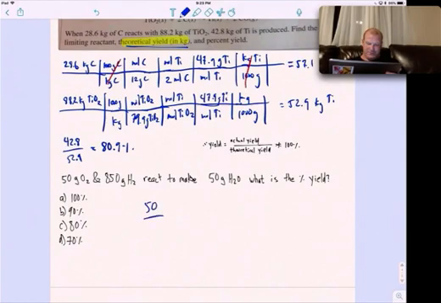So 50 over 56.25, and that's going to be probably 90%. Let me check on my calculator. So 50 divided by 56.25. And that's 88.9%, which is close to 90%.